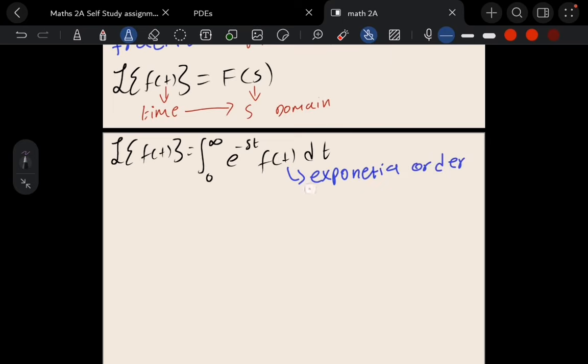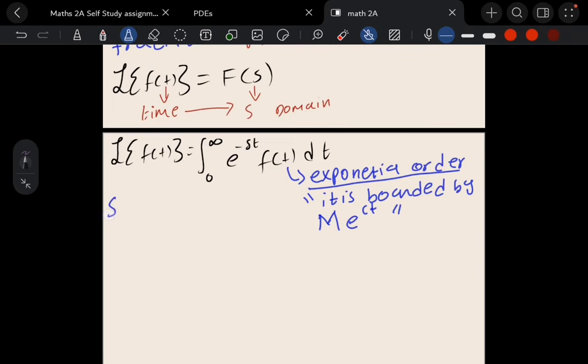What do we mean by a function of exponential order? It is bounded by M e to the power ct. So a function which is always bounded by this is of exponential order. Do you understand that?